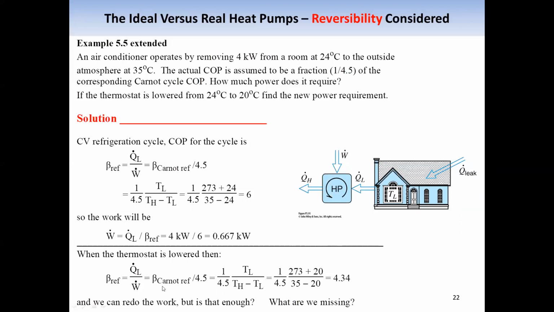So we can anticipate if the house is maintained 4 degrees lower, then the QL term will be higher because the driving force for the heat transfer will be higher, so the required heat removal rate will be higher than what we estimated before.